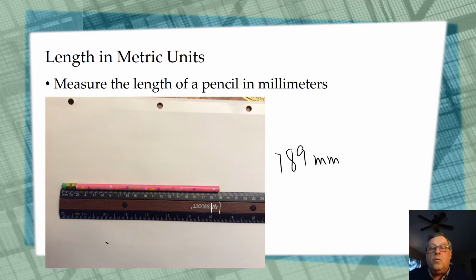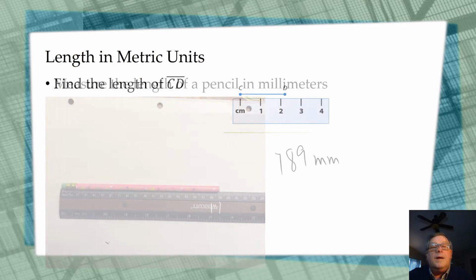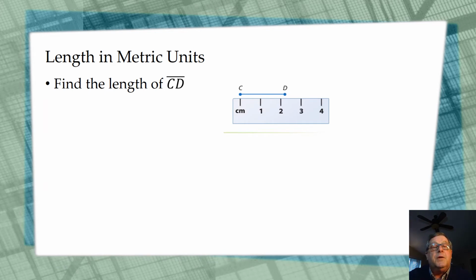We've got one more before we move forward. Now here we're given a measurement and we're asked to find the length of line segment CD. I can see here this is in centimeters, so there's 1 and there's 2. And there is 3. But I don't have any measuring units between the centimeters.